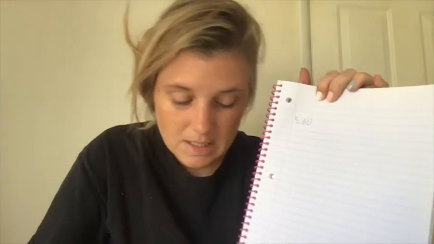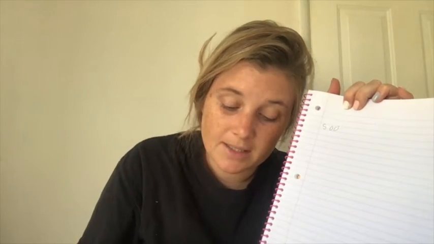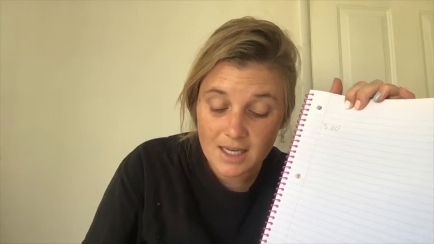Alrighty. Sophia went to the farmer's market with her family. She had $5. Okay, so you have $5. And she wanted to spend it on some peaches. Each peach cost 68 cents.